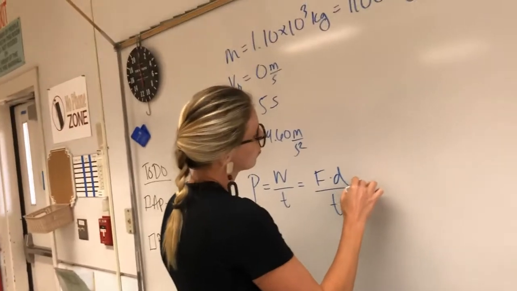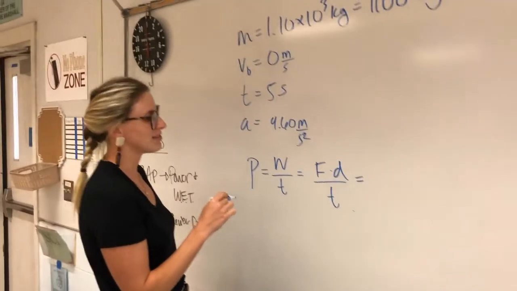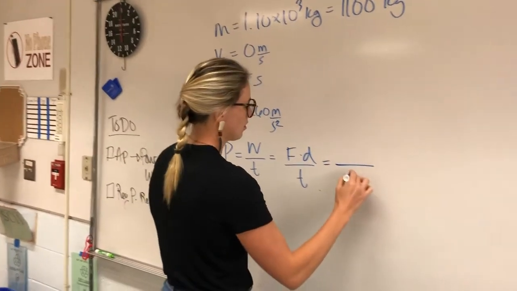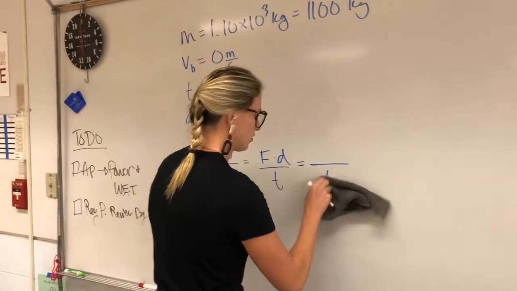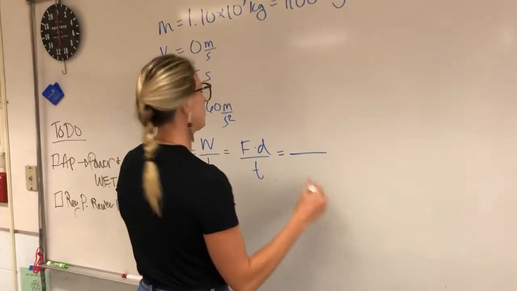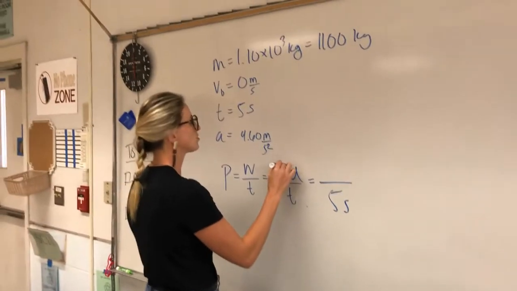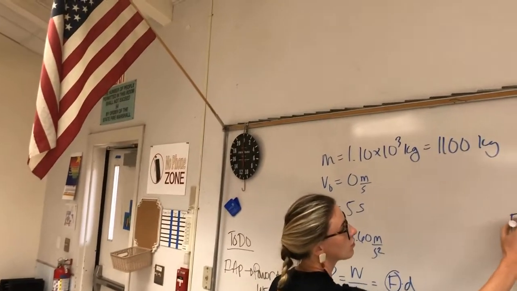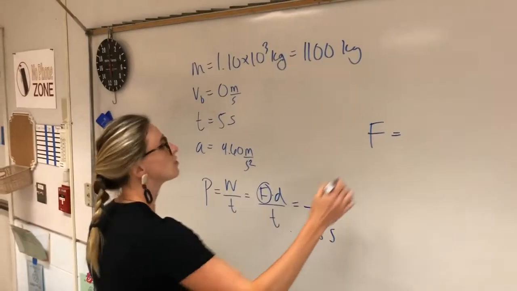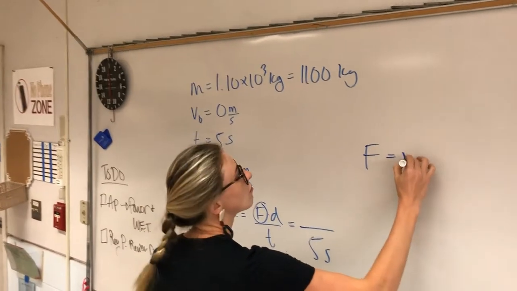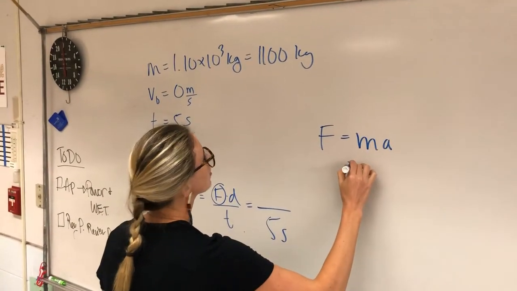That's a good place to start, Miss Mo. Let me start with the basics, right? How can we get the force? So I have my time, 5 seconds. We need the force. So force equals mass times acceleration. That's Newton's second law.